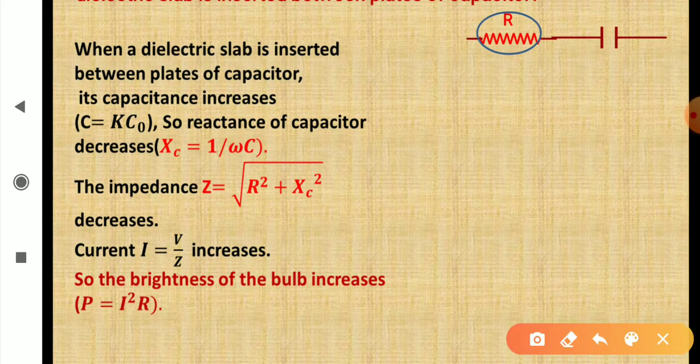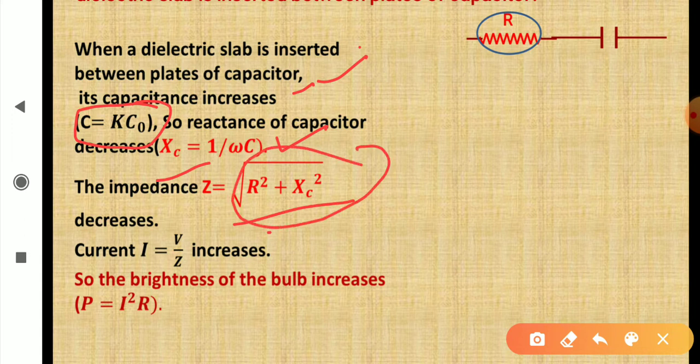So when a dielectric slab is inserted between plates of capacitor, its capacitance increases. You know this relation, C is equal to K epsilon naught A by d. So its reactance is 1 upon omega C. The reactance will decrease, and the impedance is under root R square plus Xc square. So the impedance will also decrease, and then current I equals V upon Z will increase.